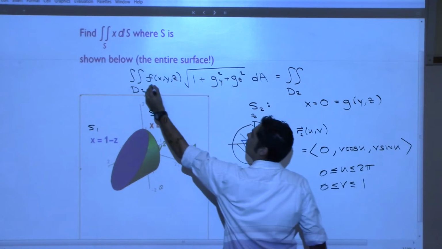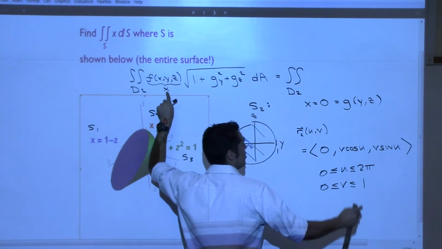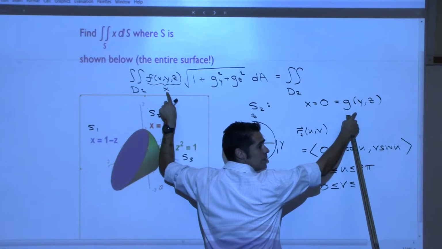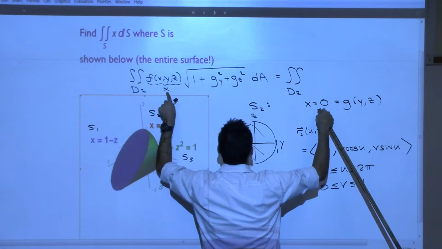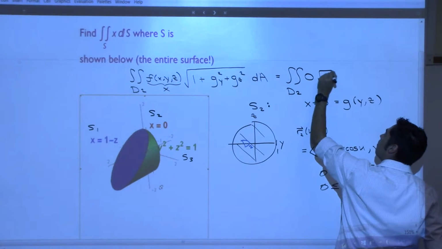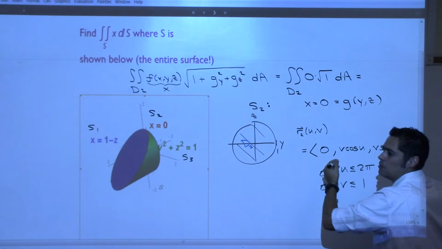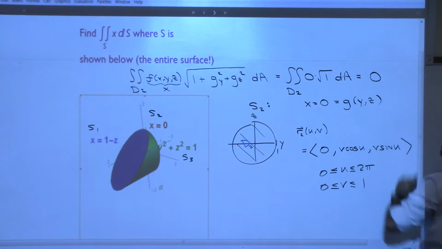This right here is just x. So I replace x with whatever x is on this surface. What is x on this surface? 0. So this becomes 0 times square root of 1 dA. And what's the double integral of 0? 0. All right?